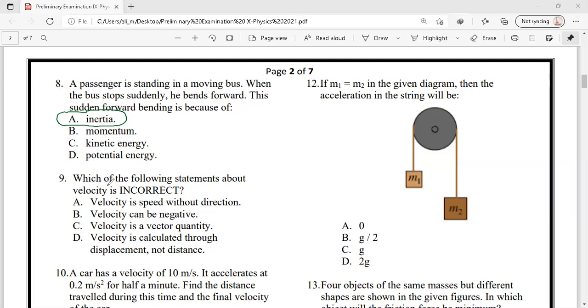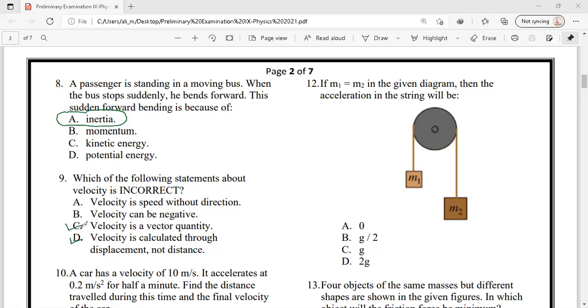In question number 9, which of the following statements about velocity is incorrect? Which statement about velocity is false? Velocity is calculated through displacement, not distance. This is absolutely correct, because velocity is the displacement over time, not the distance over time.